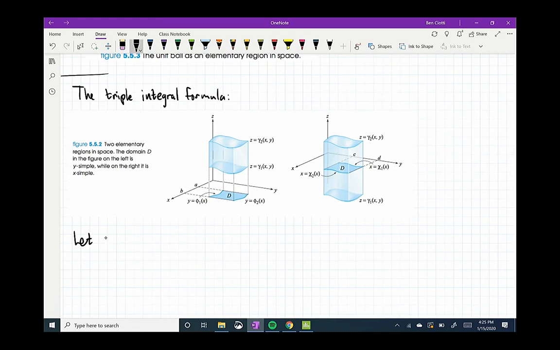So let W be one of these regions. Let's use the region on the left.